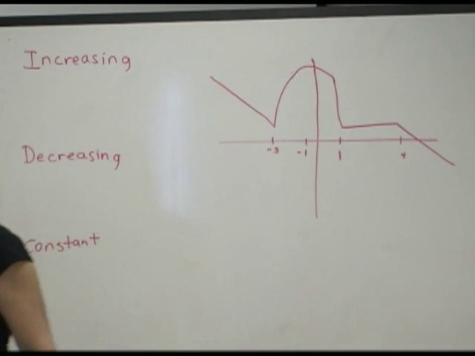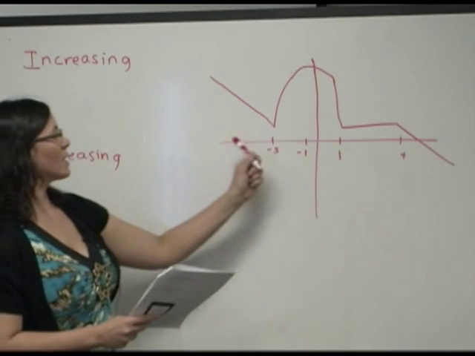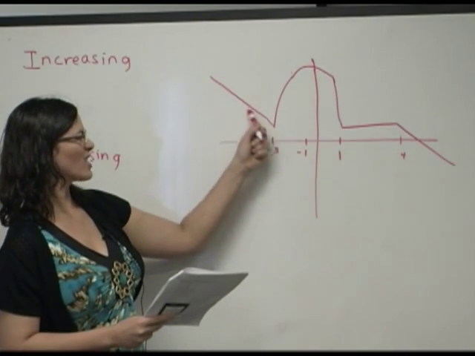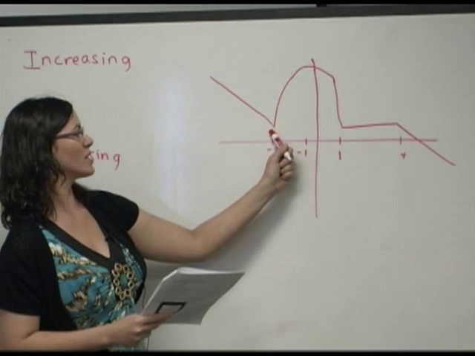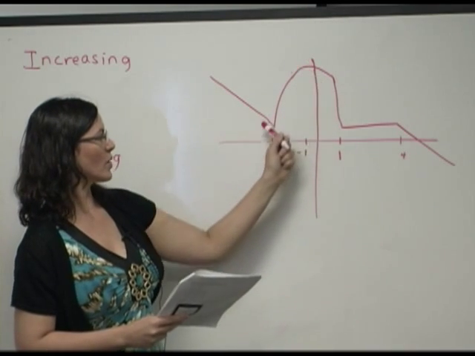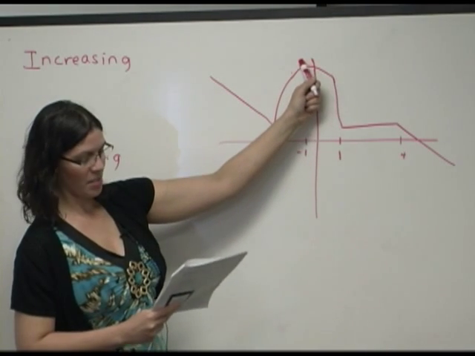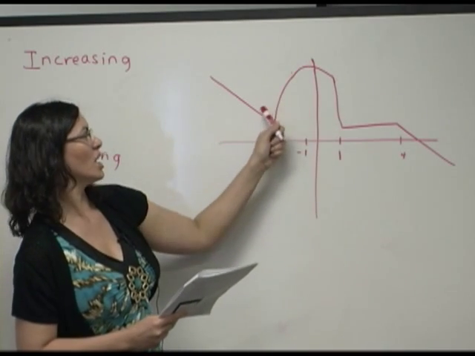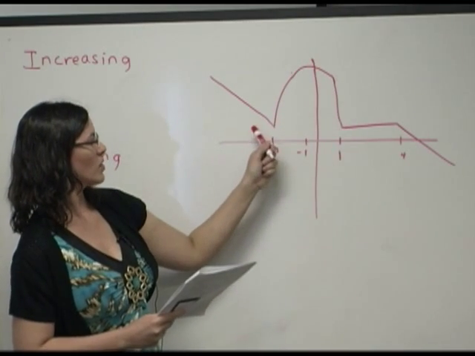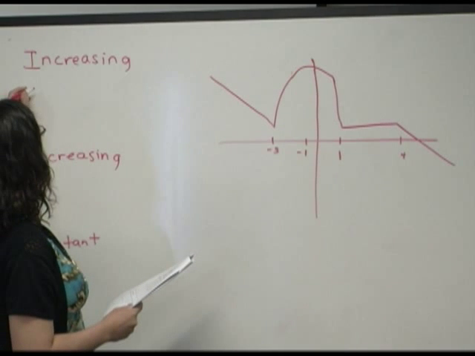My sketch is not that good, but anyway. It looks like it's increasing. This part over here looks like it's decreasing, right? So we're looking at the increasing. It's going from -3, and at this point, this is the maximum point of this parabola shape, then it's going to start going down. So from -3 to -1.